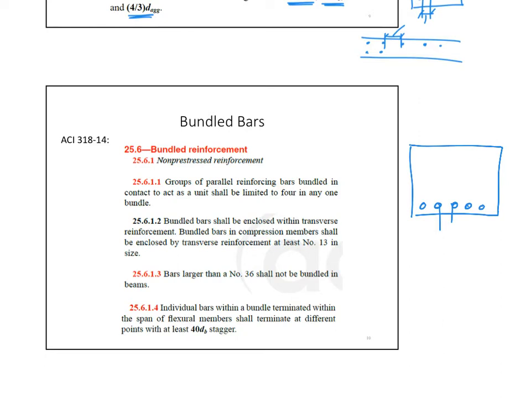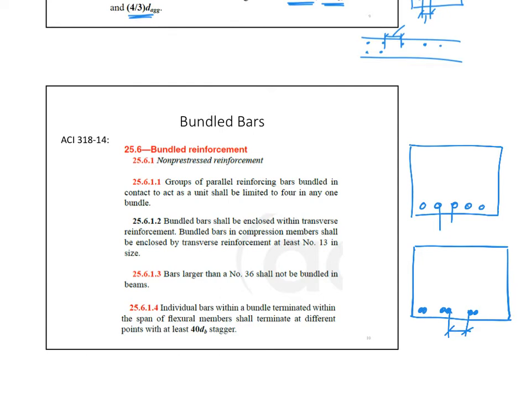So they allowed us to have what we call a bundle. So every 2 bars, bundle them together. So you wrap the bars together and they become 1 bar. So here is my bundle, next bundle, next bundle. What's the benefit of this is you will have bigger spacing here between the bars. And you can treat those 2 bars as if they are 1 bar.